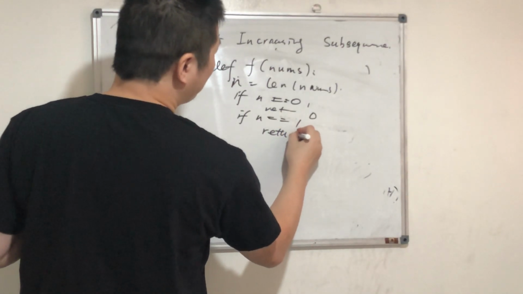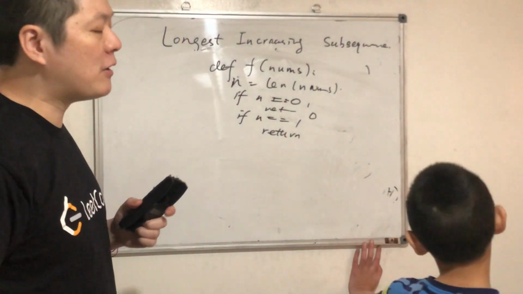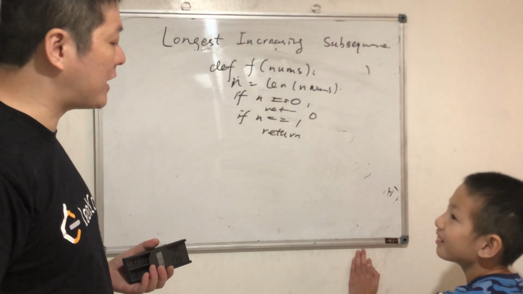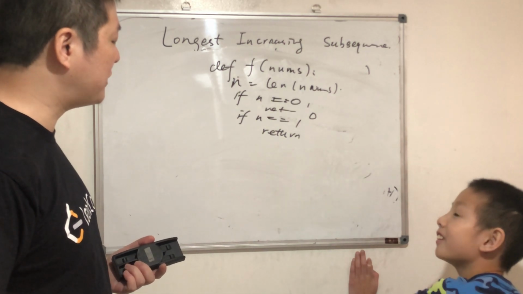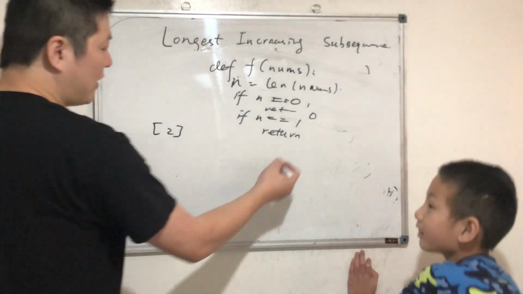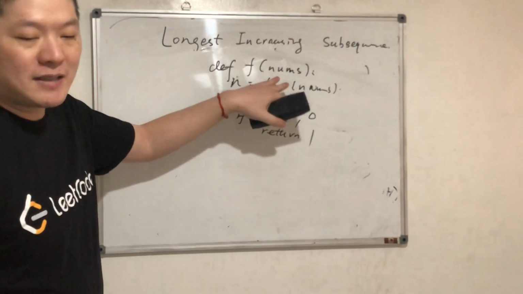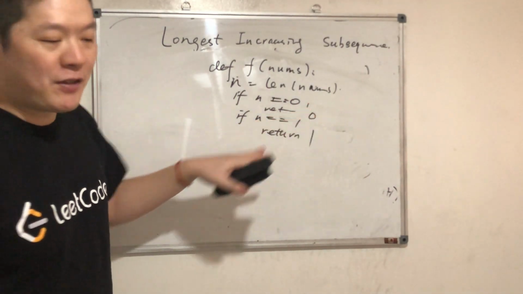If there's only one element in the array, what's the longest increasing subsequence? 1. Now we need to store these in the dp values in an array.